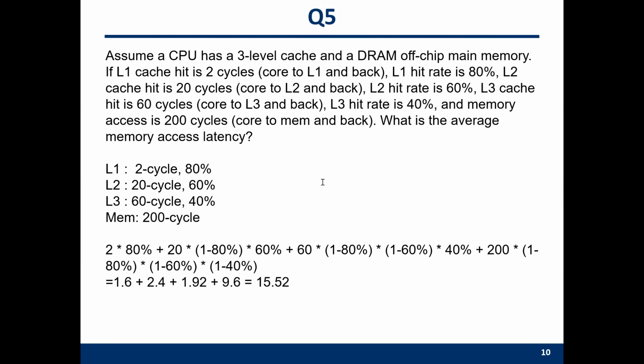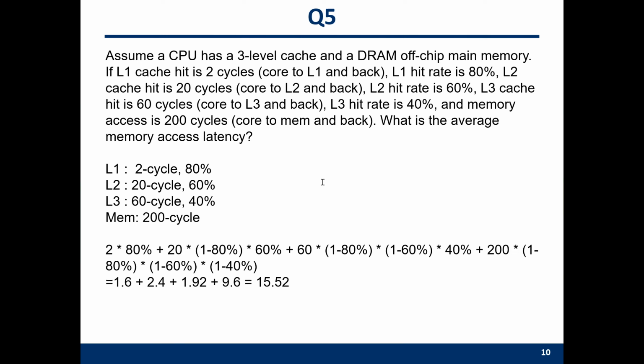Of this 20%, 60% will be served in the L2, and 20 cycles is the L2 access latency. And then the other 40% of this 20% will go to the L3 and the DRAM.